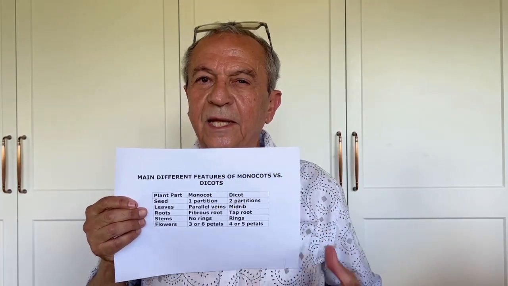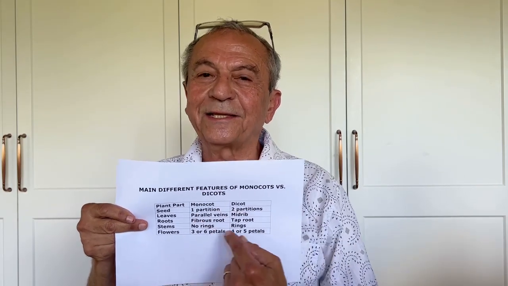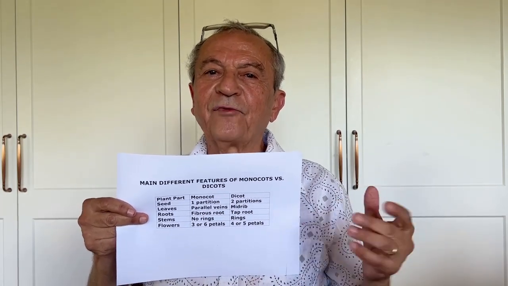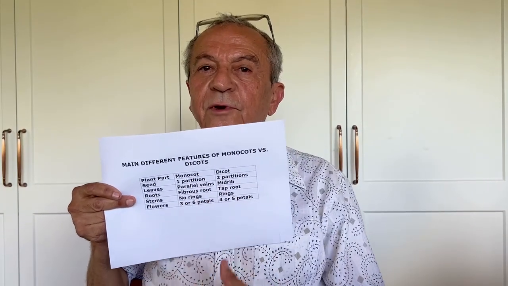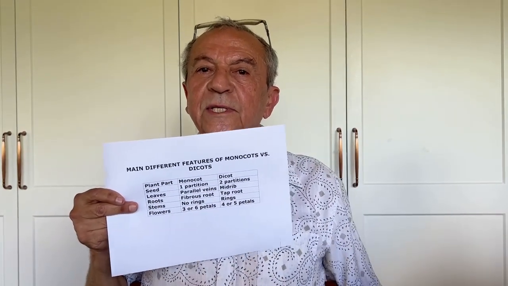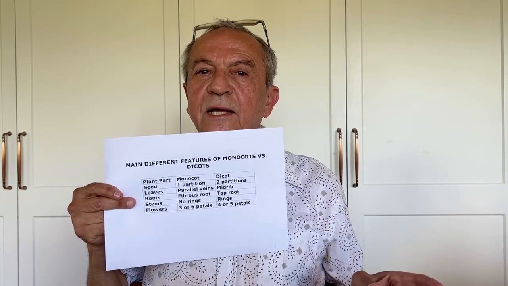Then you look for, you know, parallel venation. You look at a seed, if you can find it. If you can find one of these differences, normally it doesn't really tell you the whole picture, except that if you actually find the seed, and you can split it in half, or you can't split it in half. But when you find 3, 4 of them, then you can assuredly say that this is really a dicot or a monocot.